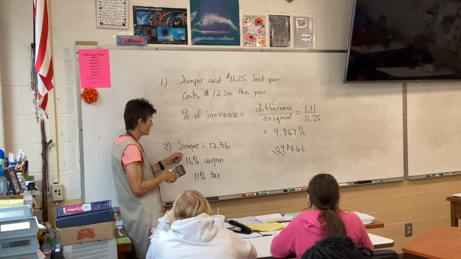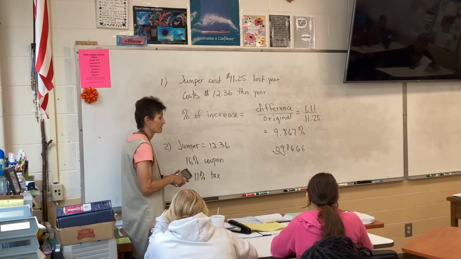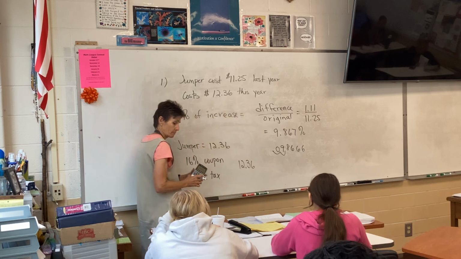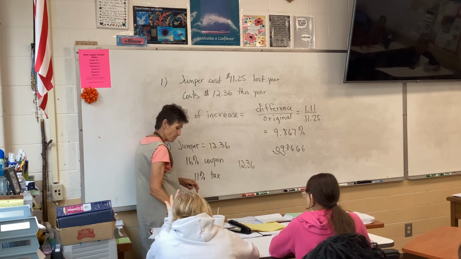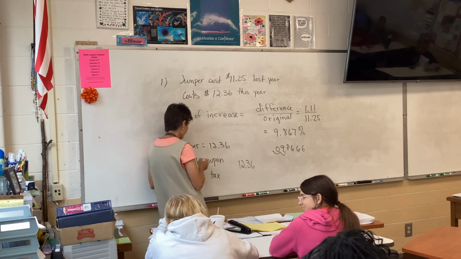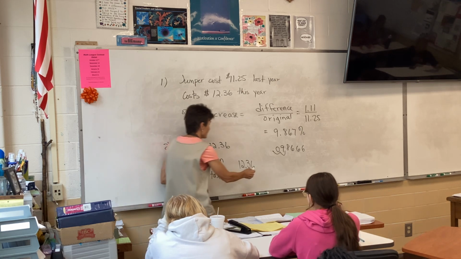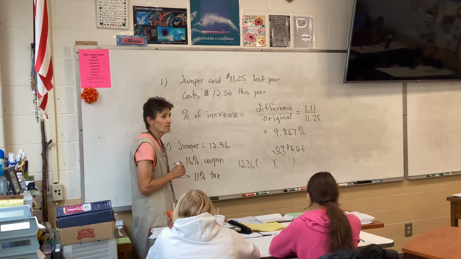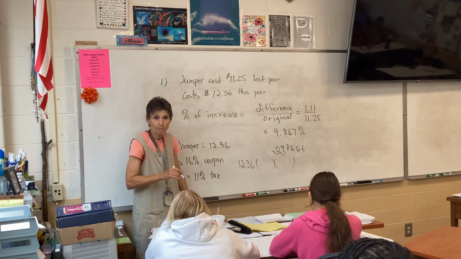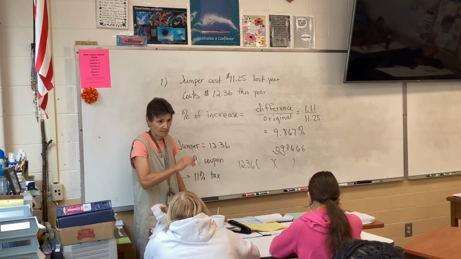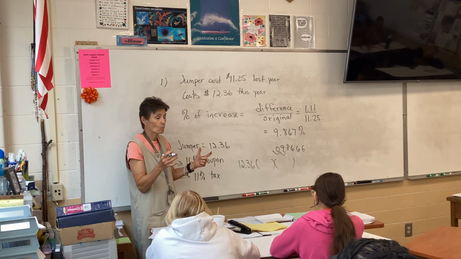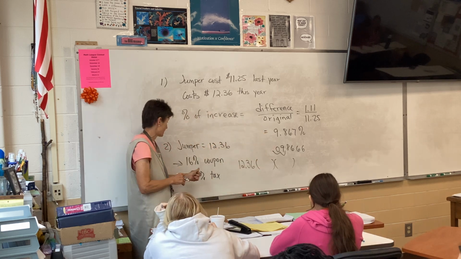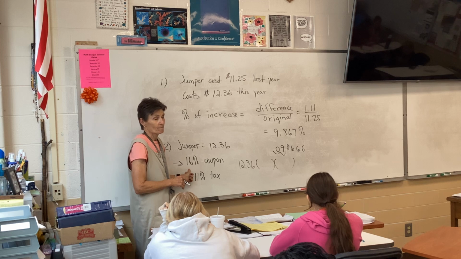Now, I go to the store, I'm gonna buy that jumper, I got a coupon, I gotta pay tax. So I'm gonna start always with the price. And then every other part of the problem gets a parentheses. And the parentheses is either gonna be 1 plus the percent or 1 minus the percent, depending on whether I am adding on to the cost or taking away from the cost. So what does a coupon do? Take away.